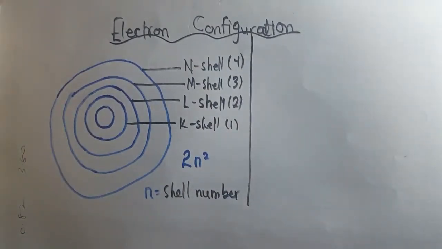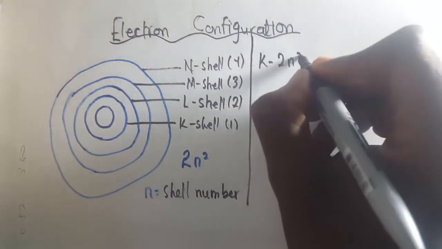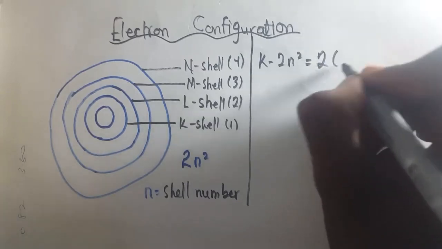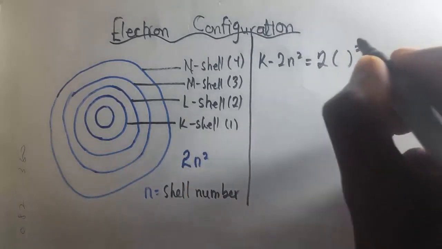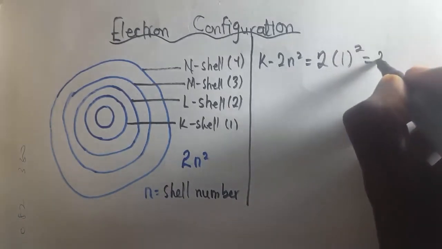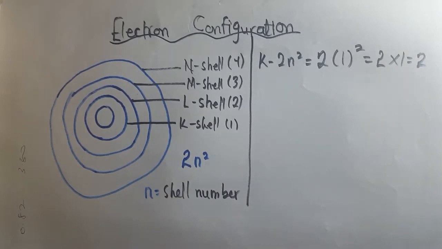So 2n squared, to get the number of electrons the K shell can accommodate. So K, 2n squared, 2 times 1 squared. Now what's the value for K? K is 1. So our answer is going to be 2 times 1, which is equal to 2. So K shell can take 2 electrons.